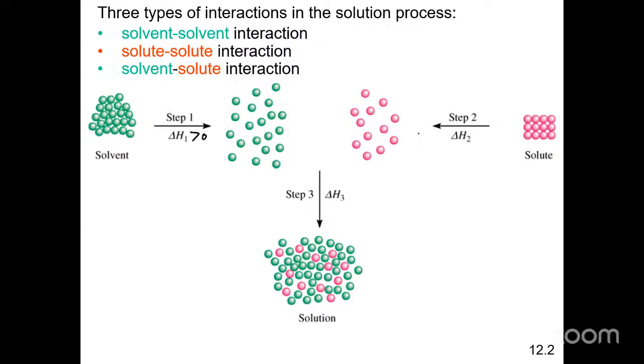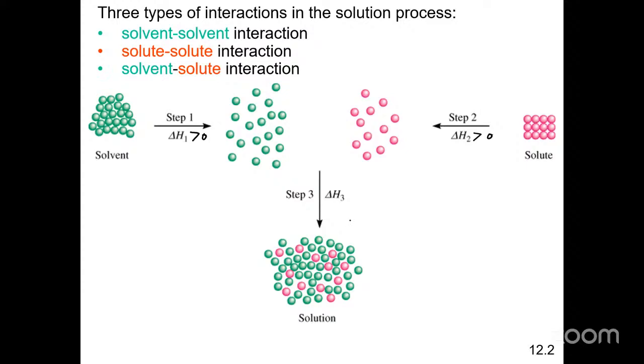And then now, over here, we have the solute particles. You also have to use energy to break up the forces between these particles. So delta H2, which is the enthalpy change for that process, separating those solute particles, also will be positive as well. And then we get to the combination of the solute and solvent particles to form your solution, right?